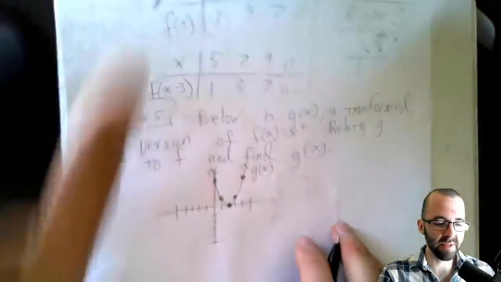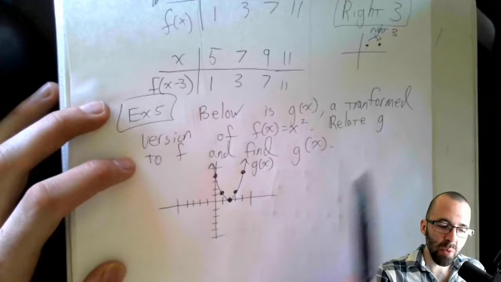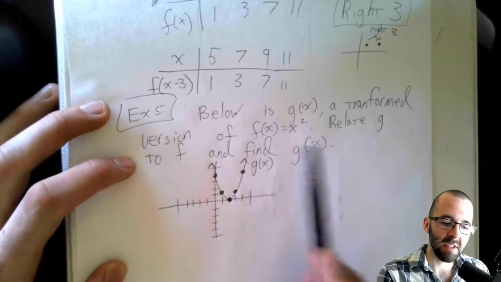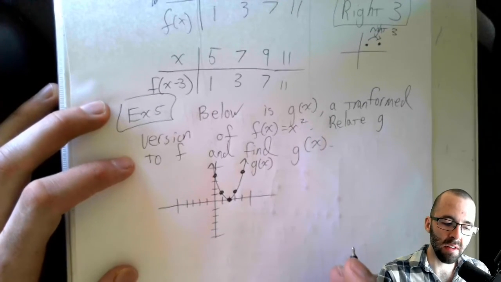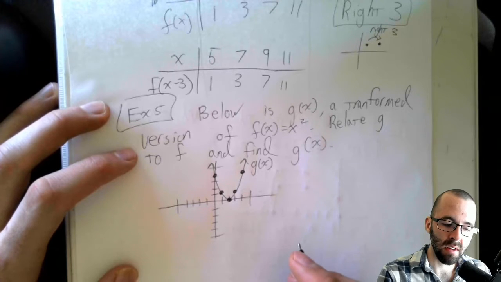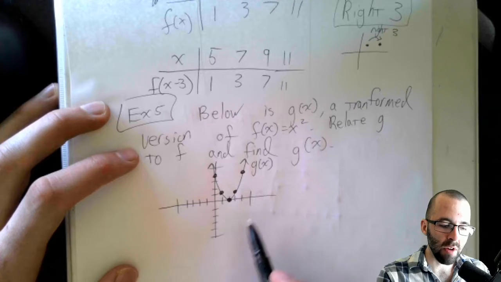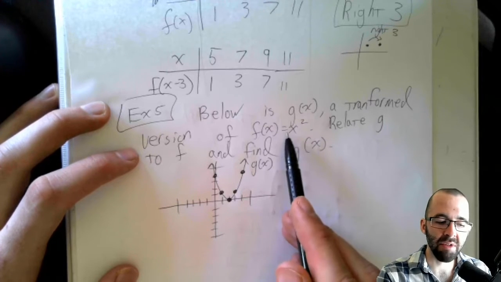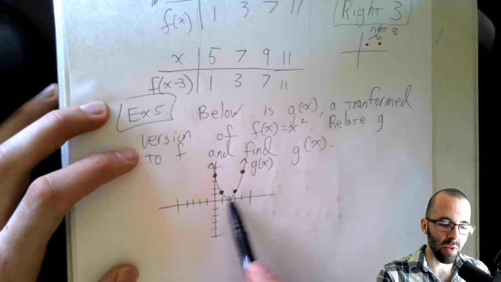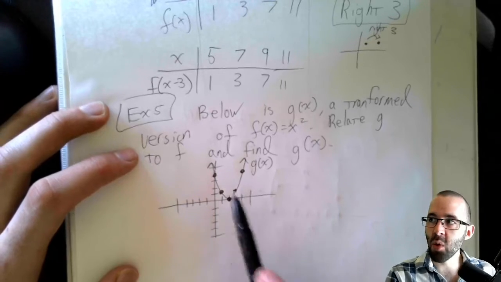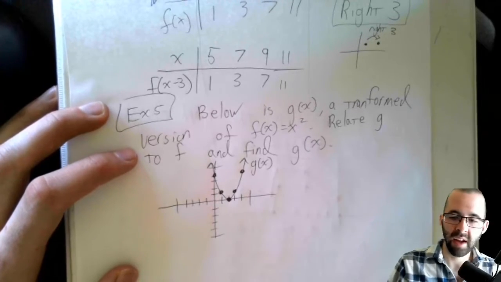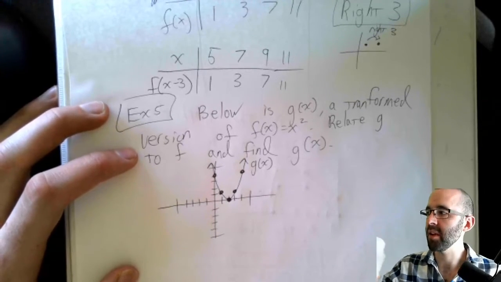So the question is, what did we do to f of x to get to g? If we had a normal parabola, that's f. This is not a normal parabola. This is a transformed parabola. And what happened to this parabola we got right here?